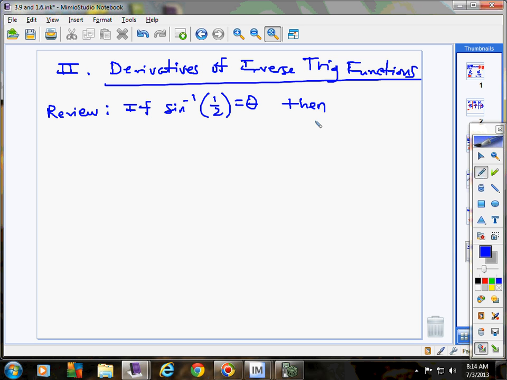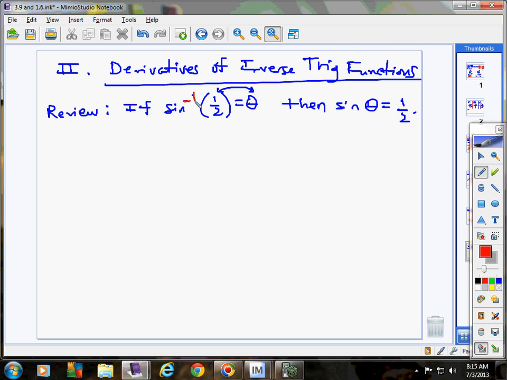All right, we're going to need to remember this little skill from Math 113 to be able to work our first derivative problem. If you have the inverse sine of some value equals the angle, we can trade places with those, and we can say the sine of theta equals 1/2.